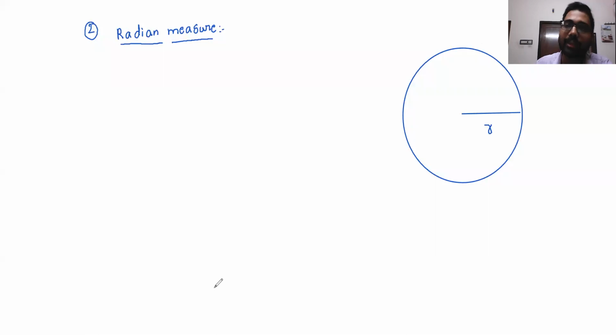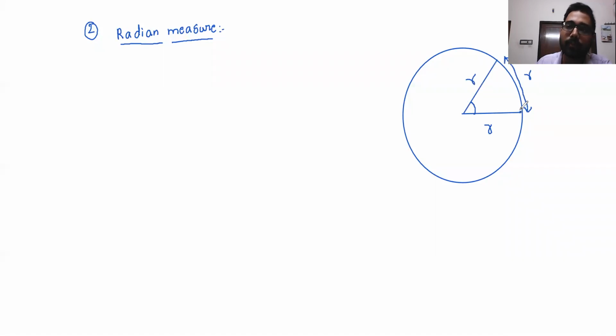You take a sector whose length, this one, is the length of the arc. You keep moving this till the arc length becomes r. This is anyway the radius, so this is r.